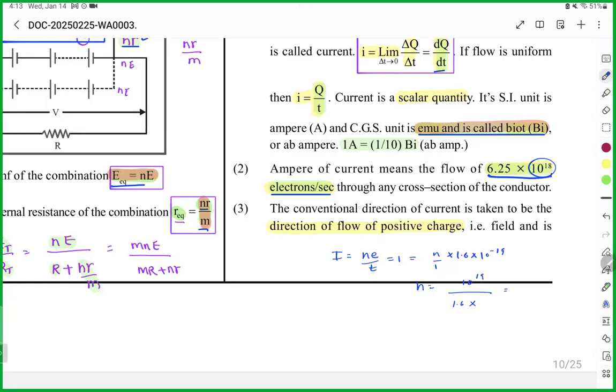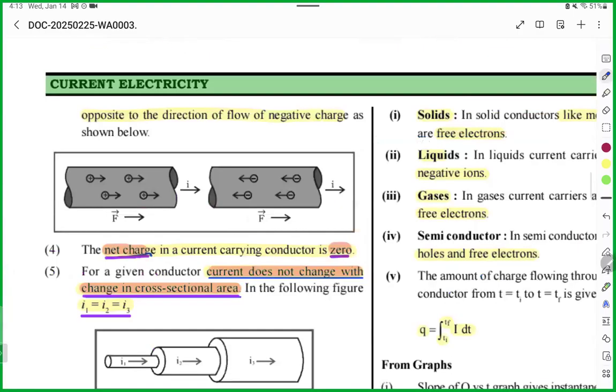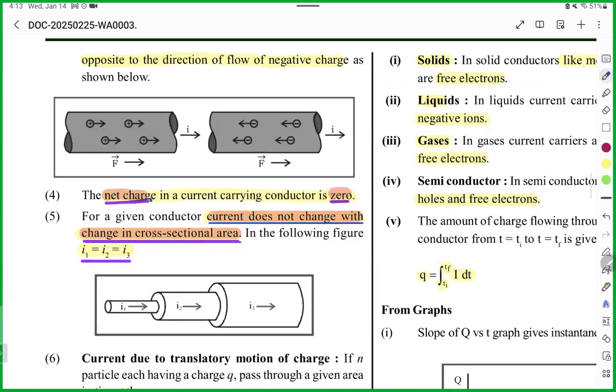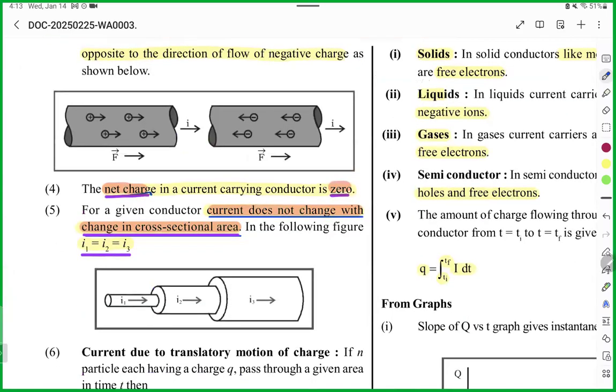And you know what is the direction of current, Jordan? The direction of current is opposite to the direction of flow of electrons, no? Yes, opposite to the direction of flow of electrons. What is the net charge, Pratigya, in a current carrying conductor?